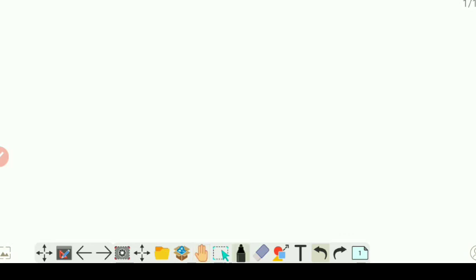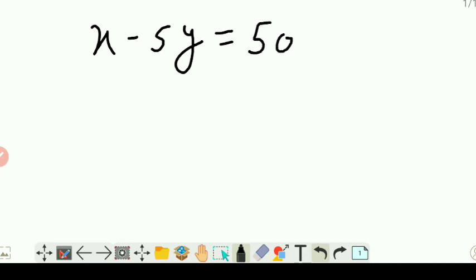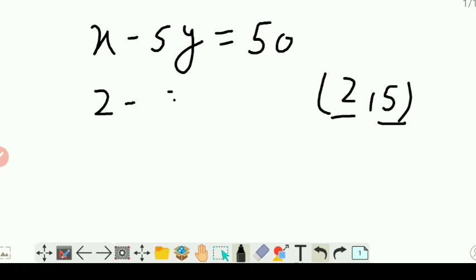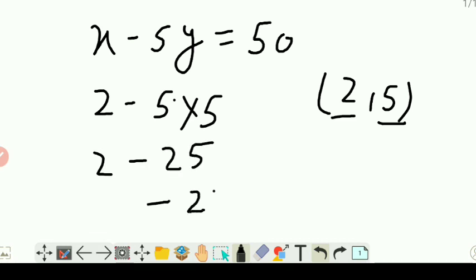Now one more example for you. Suppose the equation is x minus 5y is equal to 50, and the solution given to you is 2, 5. Check whether this is the solution for this equation. Again, this is the value of x and this is the value of y. So 2 minus 5 into 5, that is 2 minus 25, which comes to minus 23, but on the RHS it is written 50.